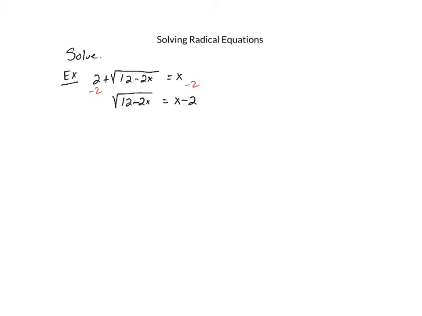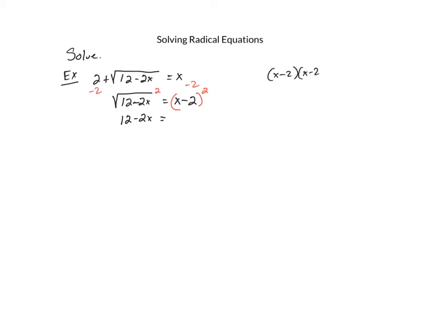Now we can square both sides and take care on the right side. We have a binomial that we're squaring. On the left-hand side, we're squaring that square root, so we just get the 12 minus 2x. But on the right-hand side, you have to multiply out x minus 2 times x minus 2.